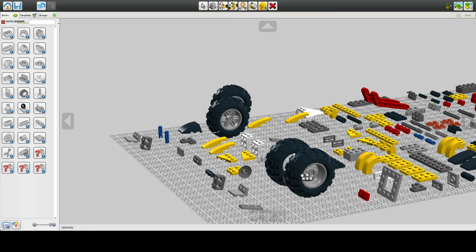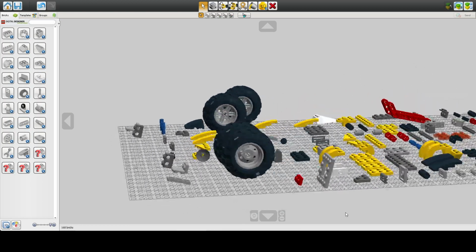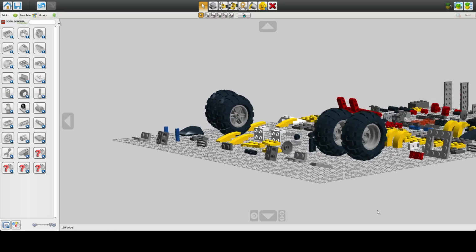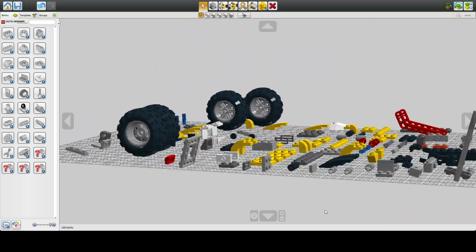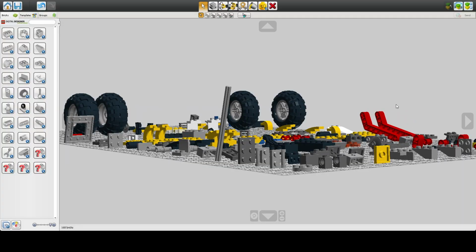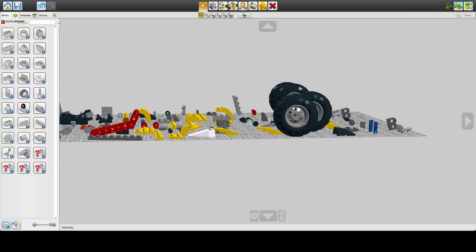I can't actually control much. I can move back and forth, side to side, but not up and down, right? So that's a little frustrating.